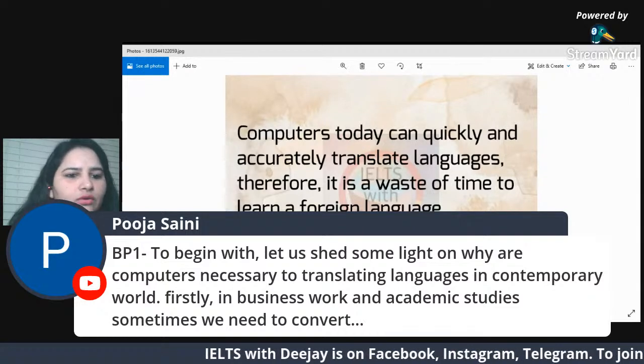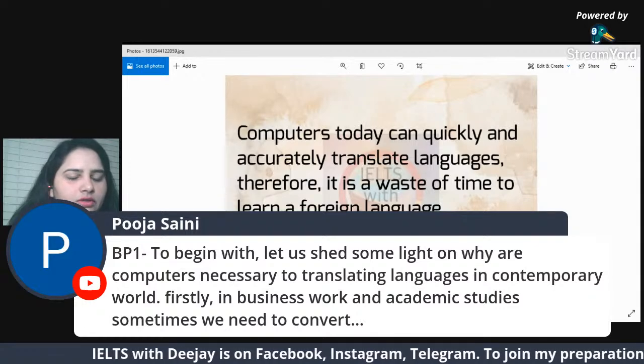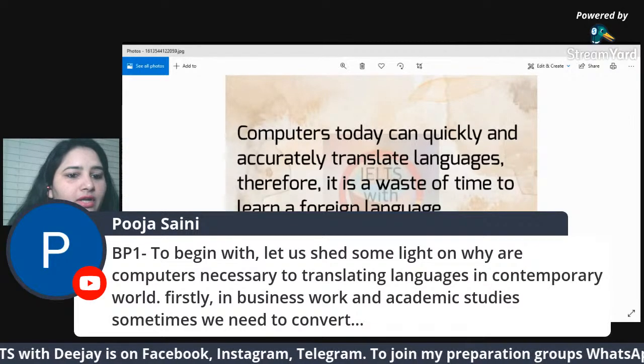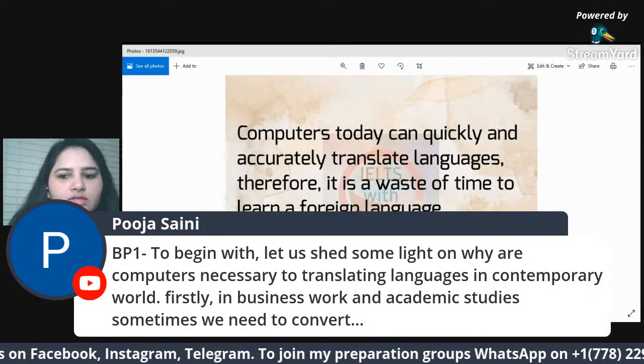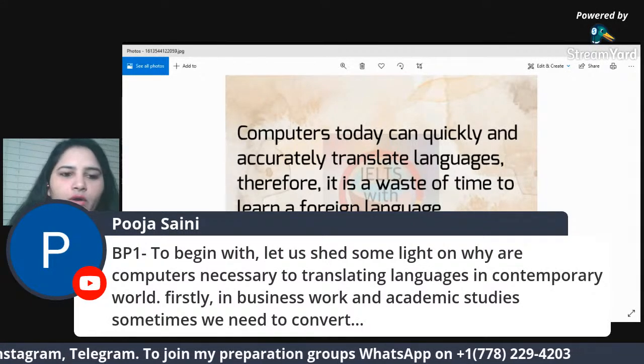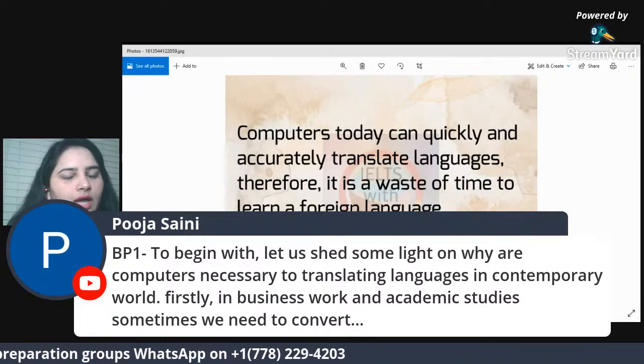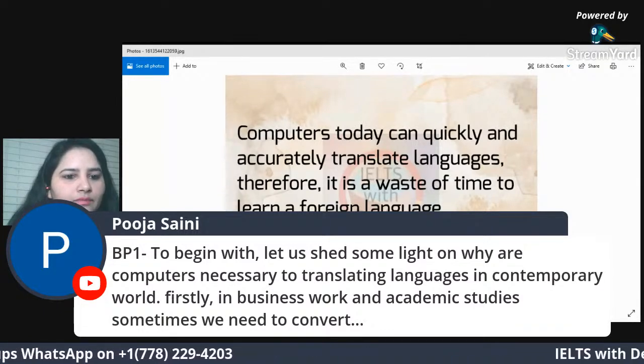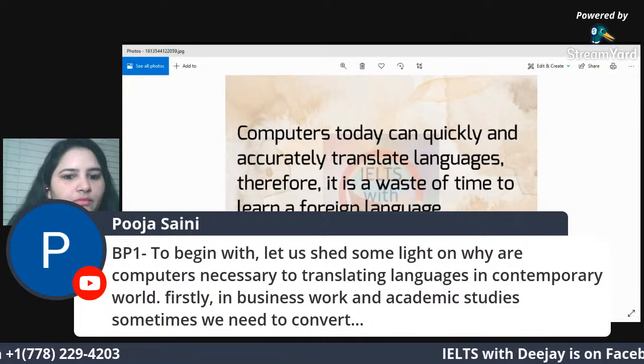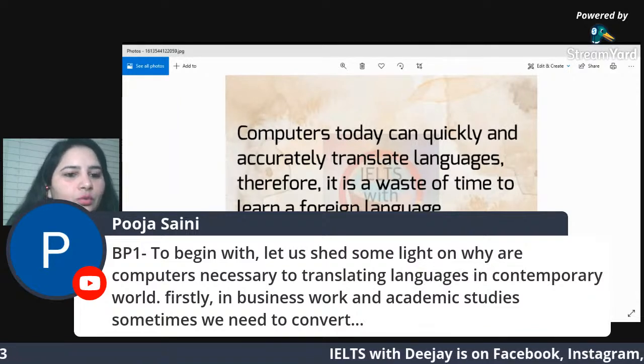Okay, try not to write this, the very first sentence that you have written till firstly, because it is just getting redundant. We have written all these things in the introduction. So this is getting repeated only, and it will make you lose marks because repetition is there. We are talking about the contemporary world.